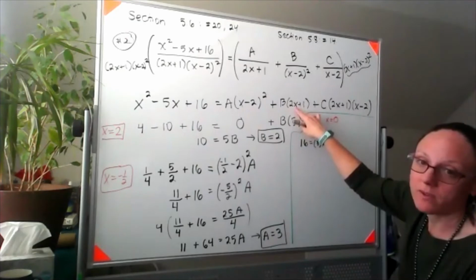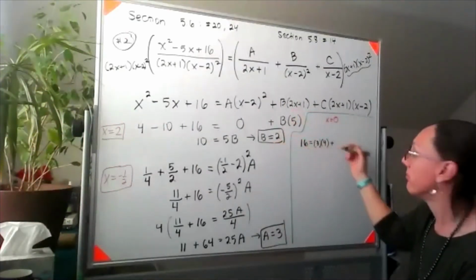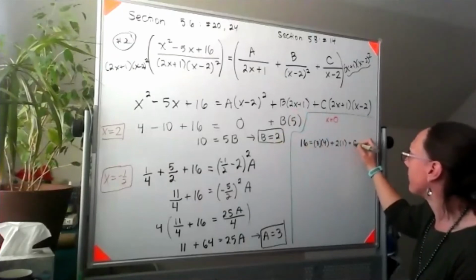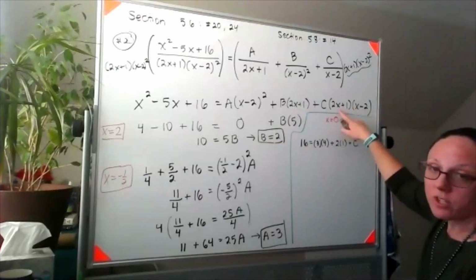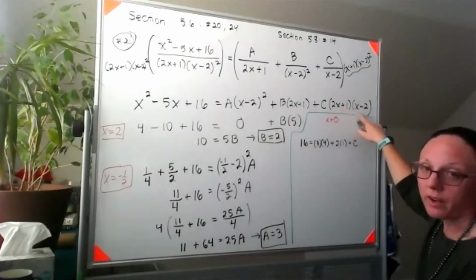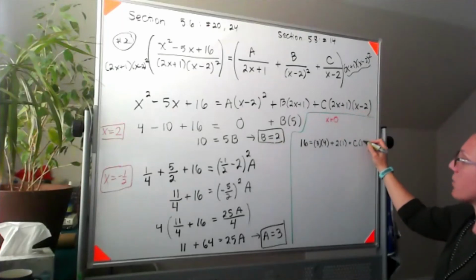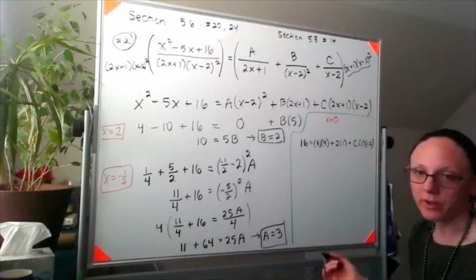Two times 0 is 0, plus 1 is 1, and we know that the value of b is 2. When I plug in 0 here, 2 times 0 plus 1, I'm at 1, and then times the negative 2. So I'll have c times 1 times negative 2. Hopefully the numbers work out pretty well.